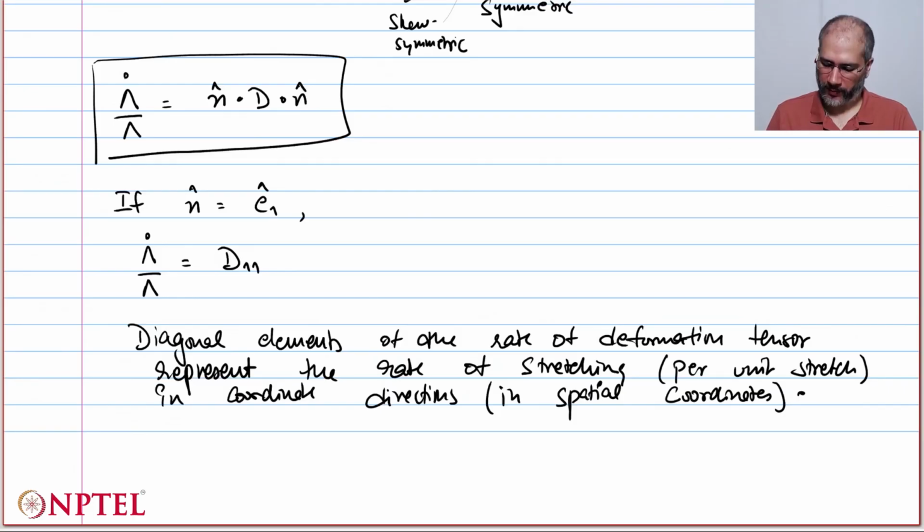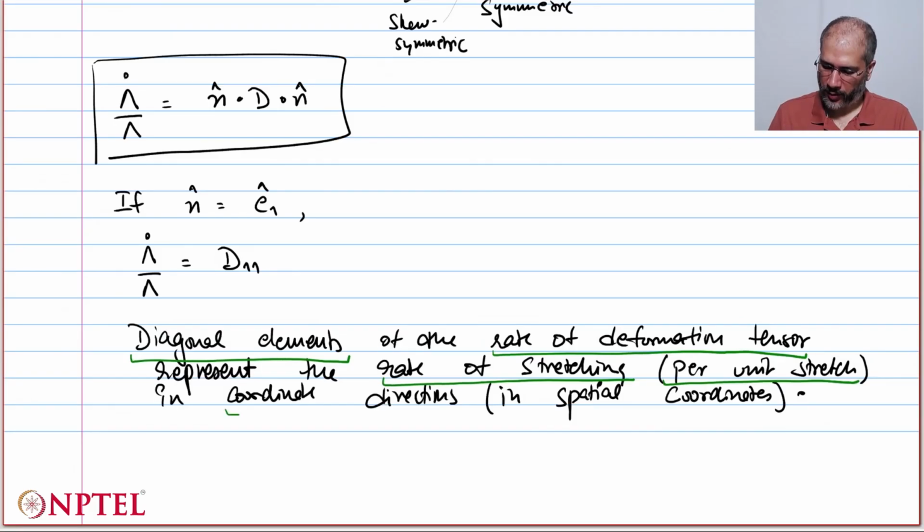So I can interpret the diagonal elements of d now, that is the rate of deformation tensor, as the rate of stretching, that is lambda dot per unit stretch divided by lambda, or you can say the rate of extension of the length of the element d small x per unit size of the element.